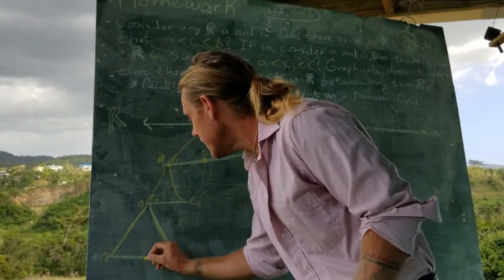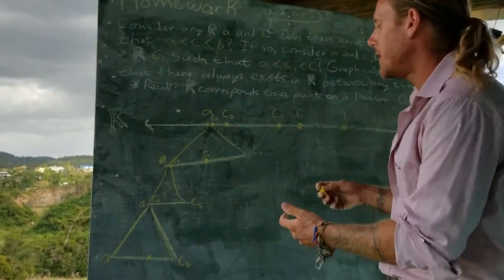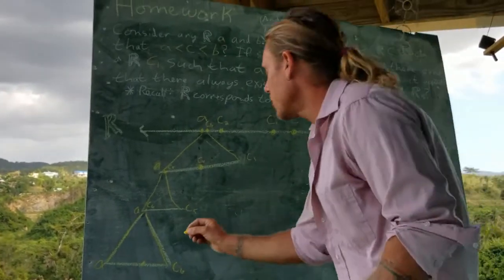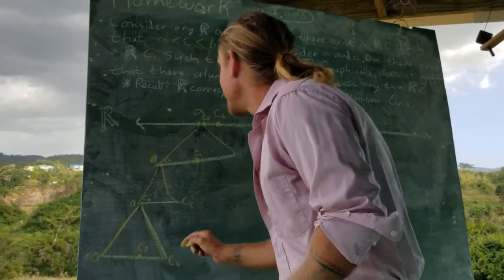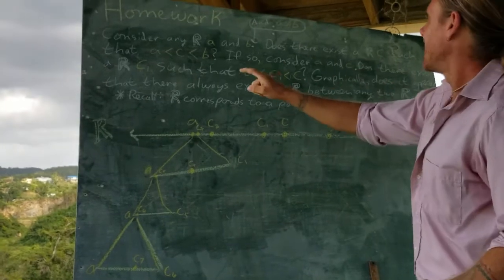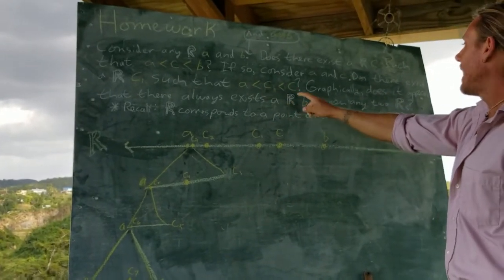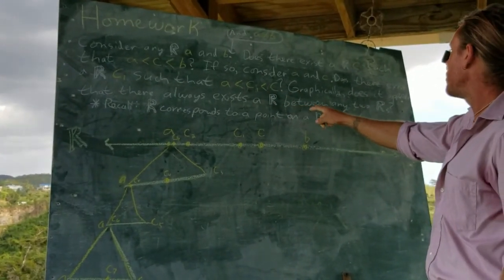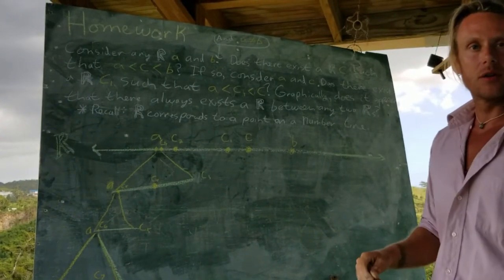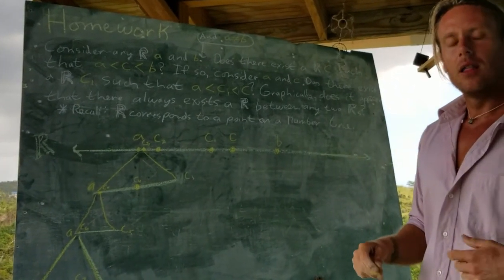So I think at this point it's safe for us to say, at least geometrically, graphically, that it sure appears that there always exists a real number between any two other real numbers. Let that sink in a little bit.